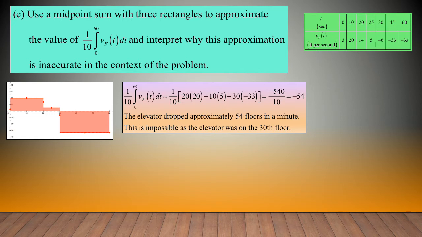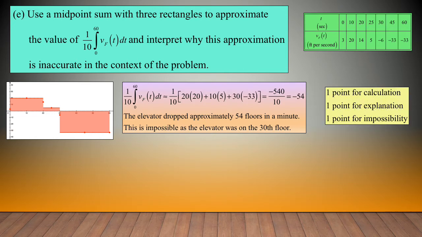And the interpretation, therefore, is that the elevator dropped approximately 54 floors in that minute. This is impossible, as the elevator was originally on the 30th floor, and it cannot drop 54 floors. This shows why the midpoint rectangle method, in this case, is not good.